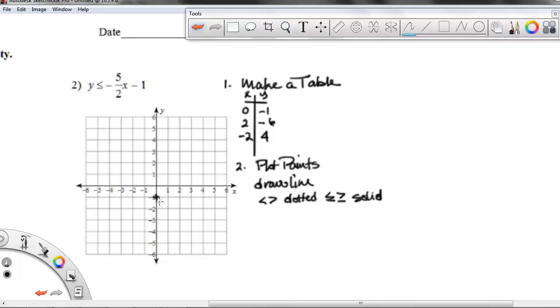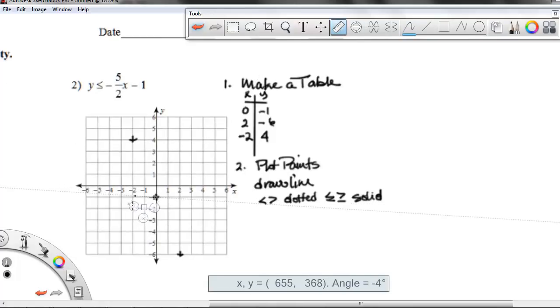I'll graph 0, negative 1, 2 and down 6, and then negative 2 and up 4. Because this is less than or equal to, it's a solid line, meaning it's closed along the boundary points.